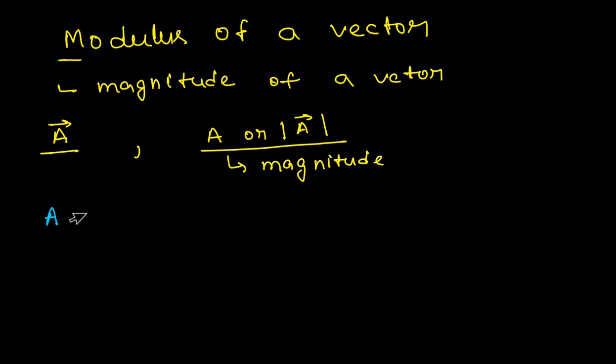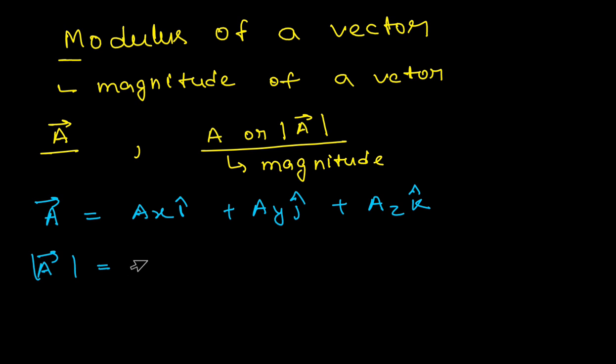If vector A is equal to ax i plus ay j plus az k, then the modulus of vector A is equal to the square root of ax square plus ay square plus az square.